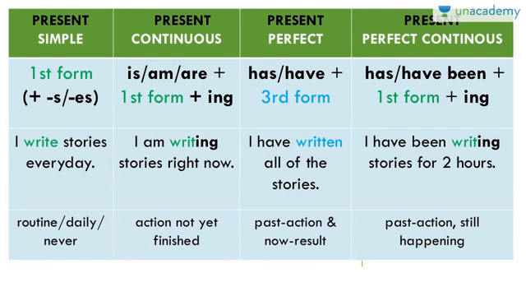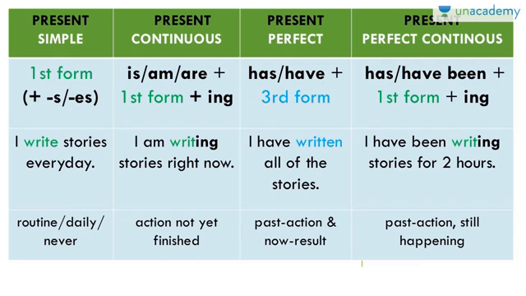Let's start with the most used tense, that's the present tense. The present simple tense tells you about a routine or something that you do daily or even something that you never do. For example, I write stories every day. That's a sentence in present simple tense.